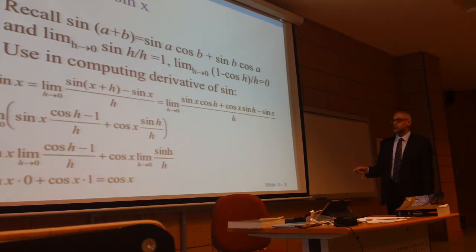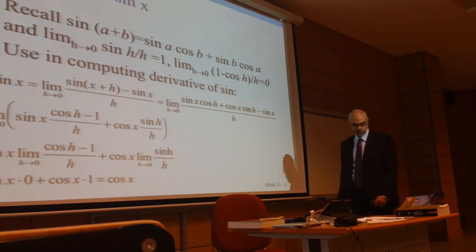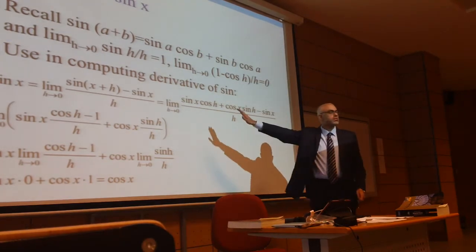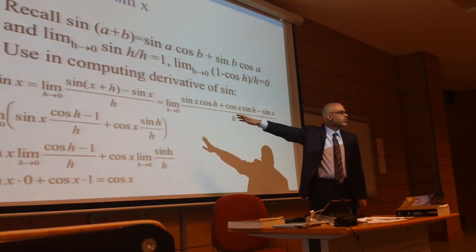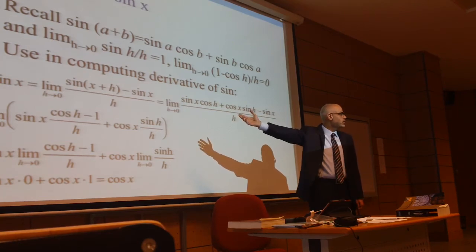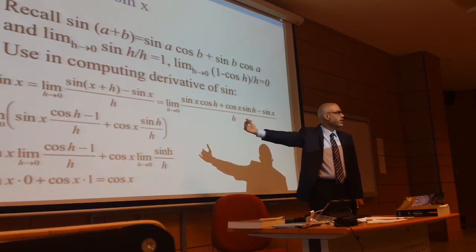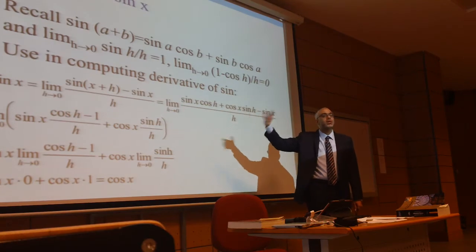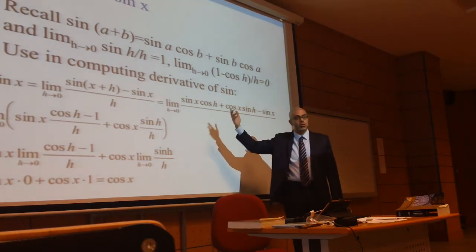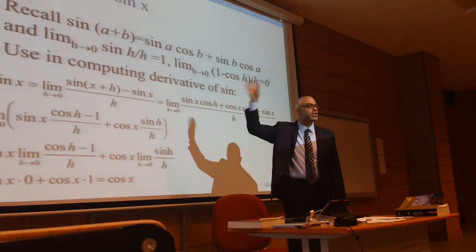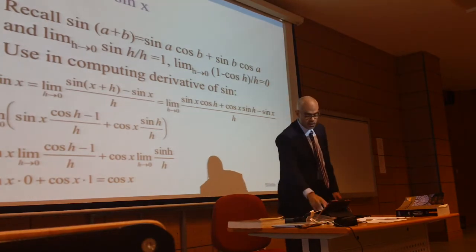This limit goes to 0, this limit goes to 1, hence d by dx of sine x is equal to cosine x. You don't need to do this. There is not going to be a question for you on how to derive the derivative of sine x or cosine x or whatever. I'm just showing you that each one of the tables that we saw last time, you can use that definition to arrive at these.